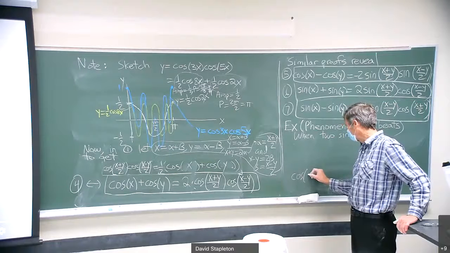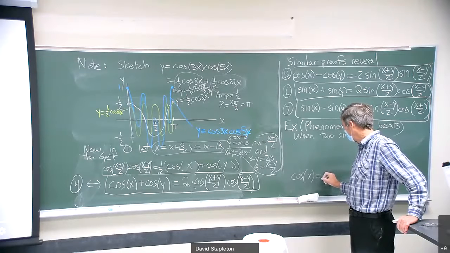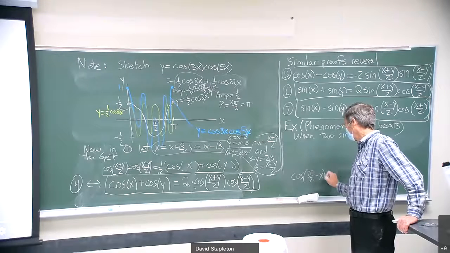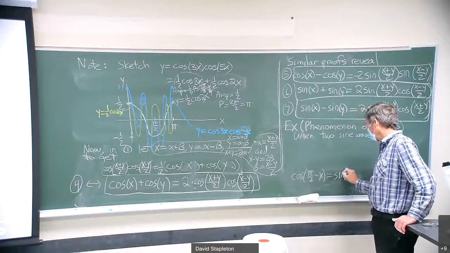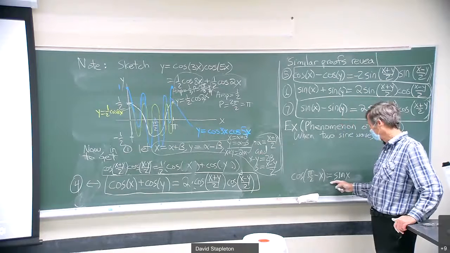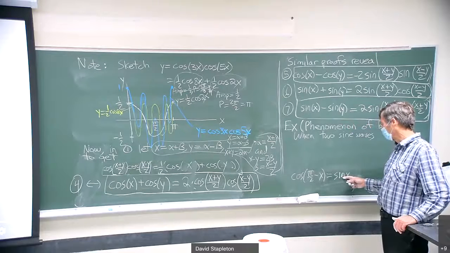Cosine of pi over 2 minus x is equal to sine of x. This is our cofunction identity. Remember this one?